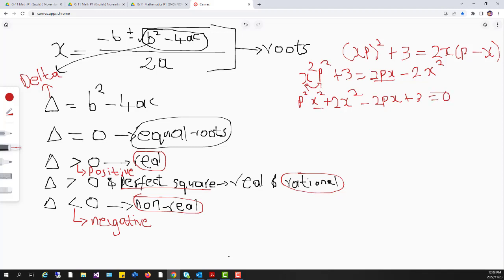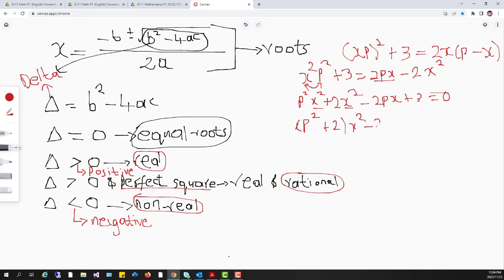There's a common factor x squared on the first two terms. If we take it out, we're going to have an open bracket, p squared plus 2, and the common factor is x squared.